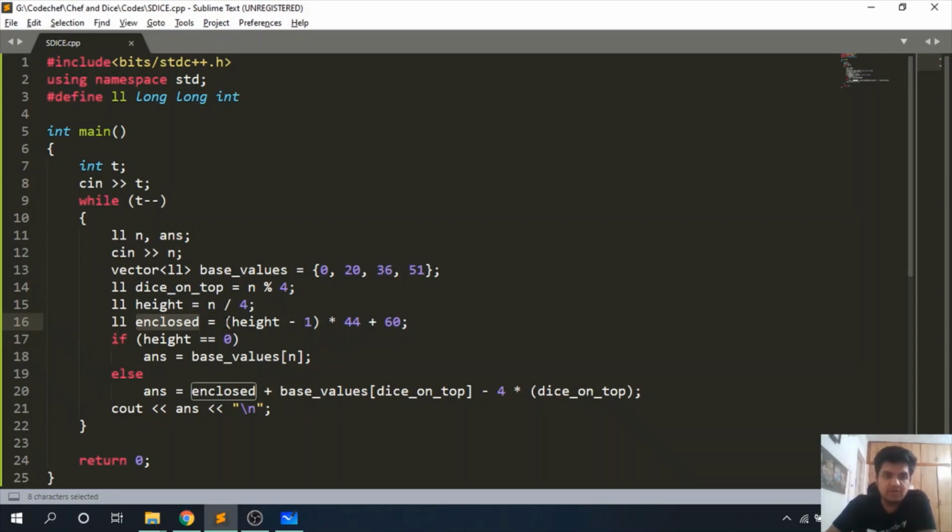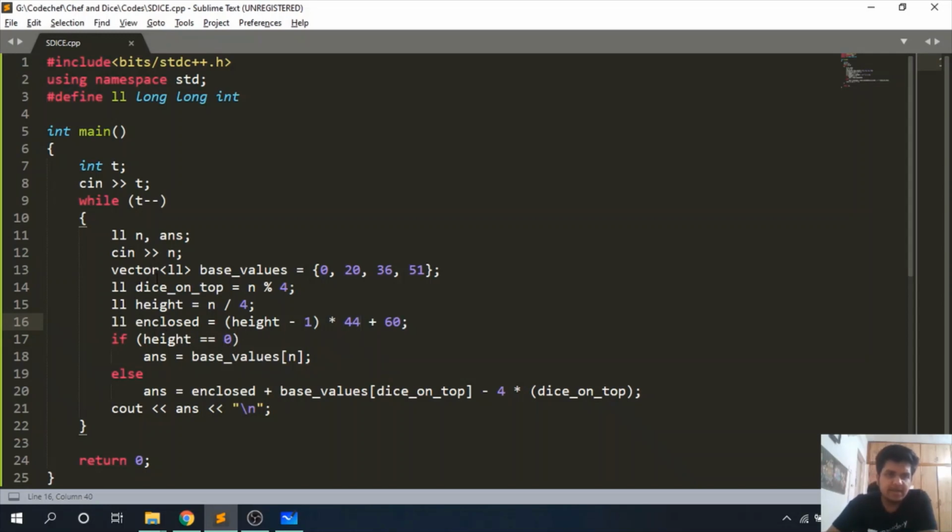Those will be height minus 1, because height contains the filled levels, and the last level should be given as 60, so here I've added 60. So the enclosed levels will be height minus 1 into 44, which we saw will be their sum, because 6 and 5 will be the only pips visible.